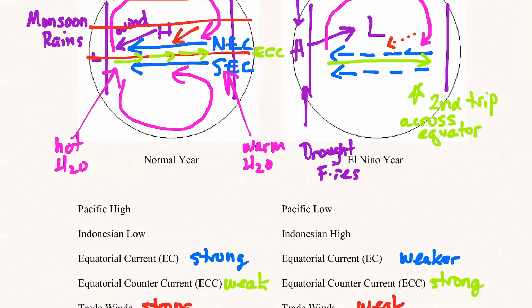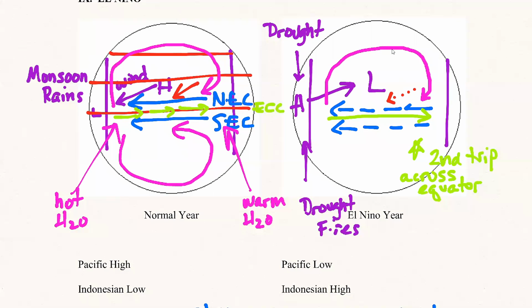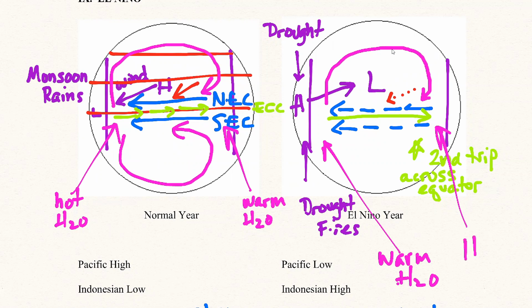Well, instead of the water temperatures being very hot towards Indonesia, the water temperatures over here tend to be warm. So you have warm water. And over here, off of our coast, North America and South America, we have hot water.